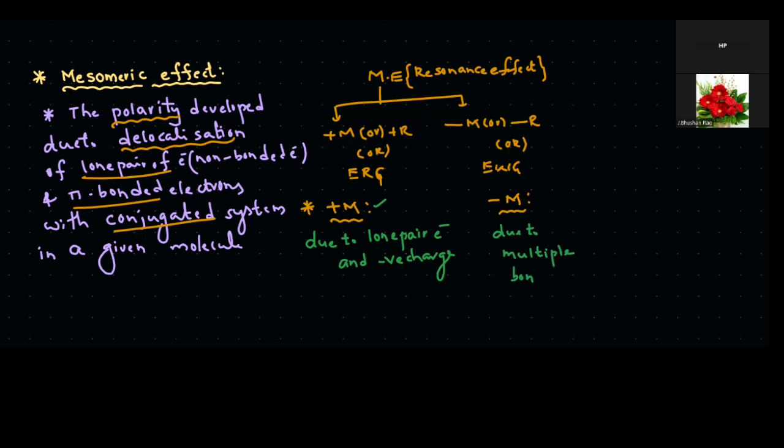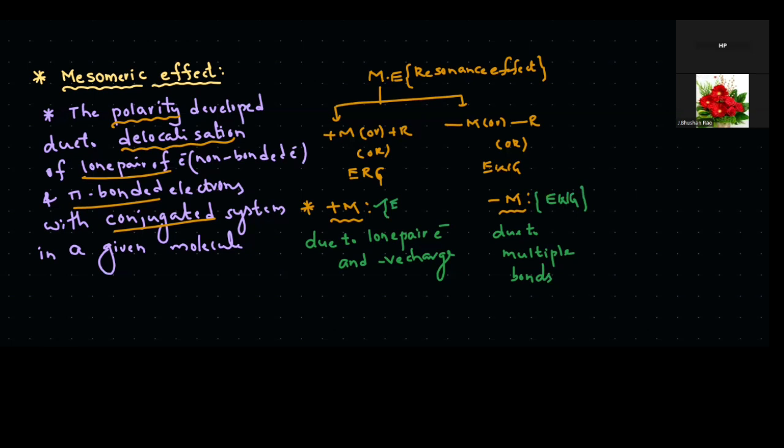So if multiple bonds are involved in the given molecule, those groups are called minus M groups. Minus M is nothing but electron withdrawing groups, and plus M is nothing but electron releasing groups only.